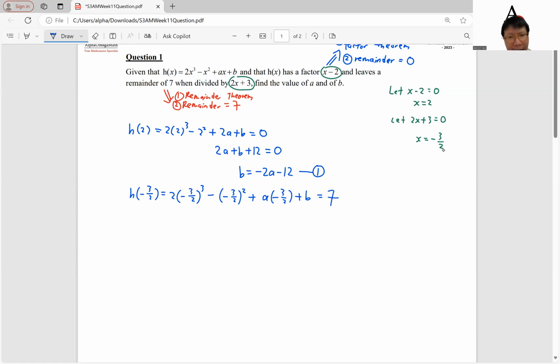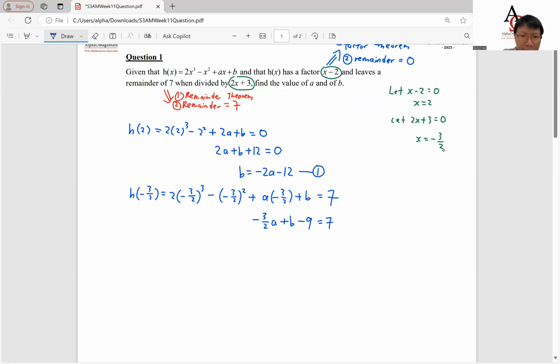Subbing in negative 3 over 2, we apply remainder theorem and should get a remainder of 7. This will allow us to form a second equation in terms of a and b. Let us calculate the values, and we will have negative 3 over 2a plus b minus 9 equals 7.